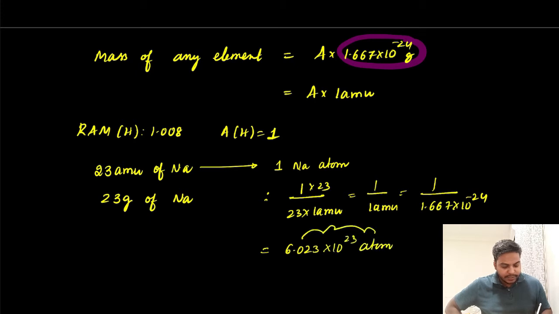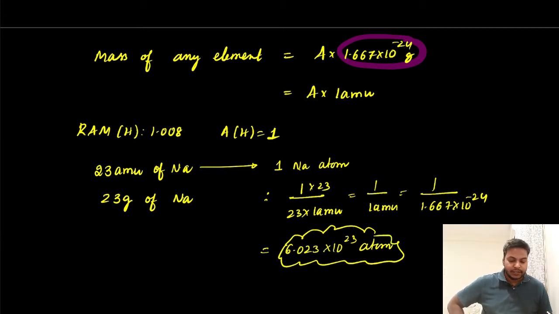And that is how we can introduce the term mole. So you could see that when we convert the mass data, if you have the mass of an element as mass number multiplied by 1 AMU, that is in AMU units. And if I take the same value in terms of grams, then the number of atoms present in it would be this 6.023 into 10 raised to 23.